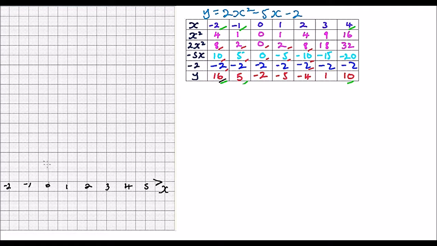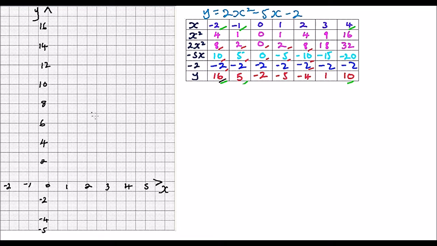So we can say this is 2, 4, 6, 8, 10. Then we have 12, 14, 16. So this is our y-axis. Then we have the negative side. This is minus 2, minus 4, and this is minus 5.